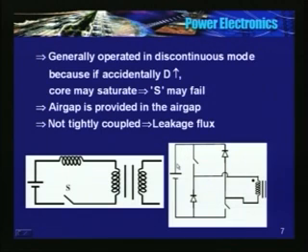So there is no problem about the voltage spike generated due to the leakage flux. But then there are two switches and two diodes, so device losses and voltage drop across the devices, all those issues should be taken into account while designing the converter.